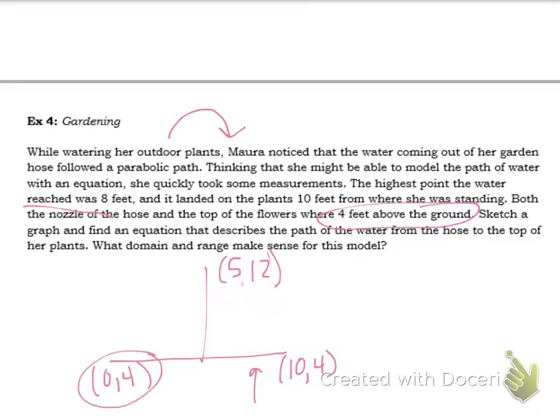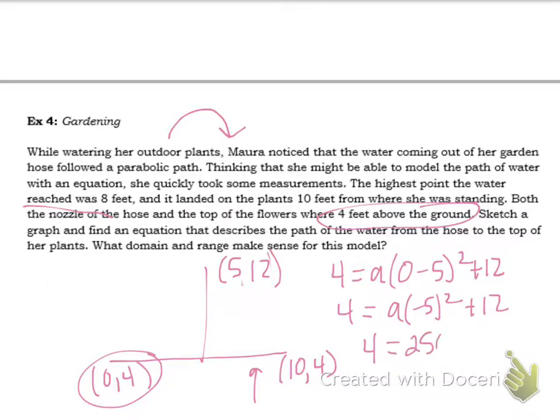So this time instead of (0, 0), I'm plugging in (0, 4). So I've got 4 equals a(0 minus 5) squared plus 12. So 4 equals a times negative 5 squared plus 12. 4 equals 25a plus 12.